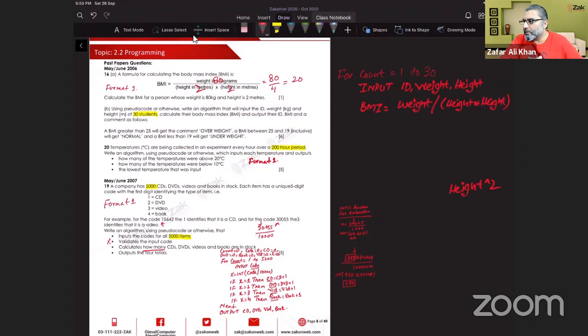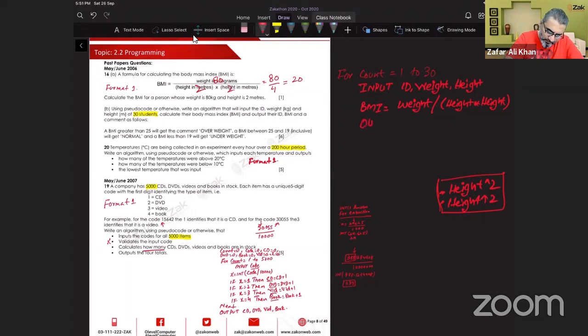This is height square. That is how we can show in computer, or height arrow upwards and 2. This might be used as well. Now, calculate their body mass index and output their ID, BMI, and comment.